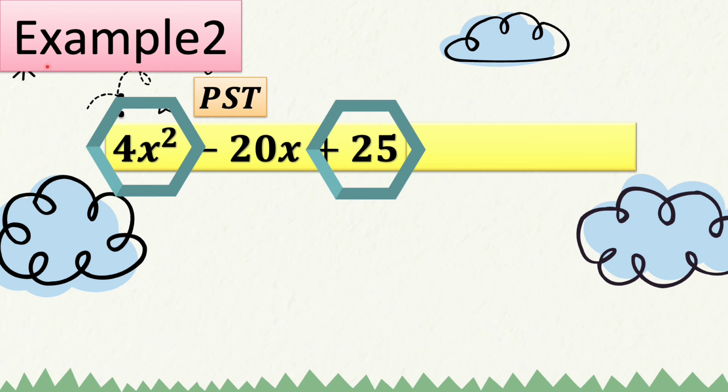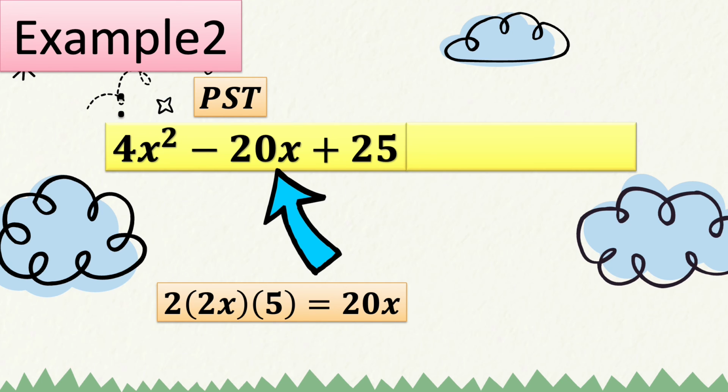So, eto, first and last term natin ay perfect square, correct? Then, yung middle term natin, square root ng 4x squared, that is 2x. Square root ng 25, that is 5, times 2, that is 2, times 2x, 4x, times 5, that is 20x. Okay? So, tama pa rin.